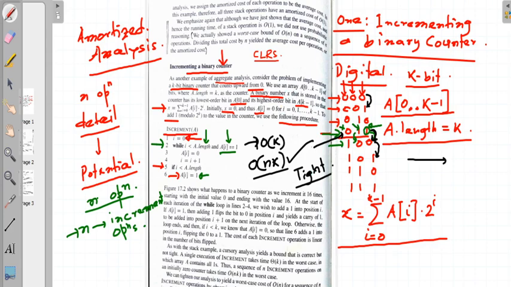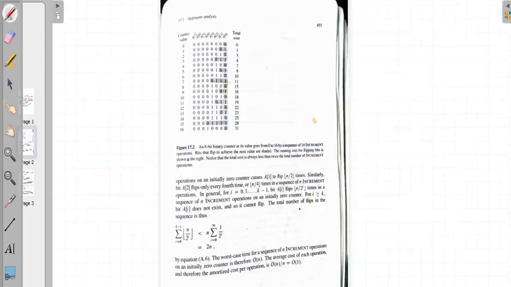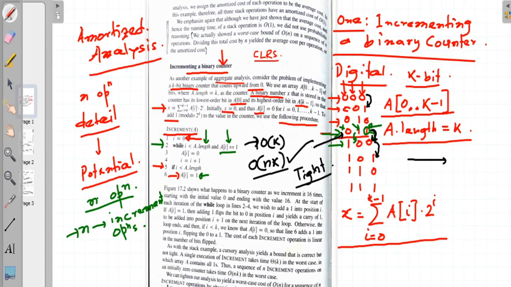So in this case, we can tighten our analysis to yield a worst case cost of order of n.